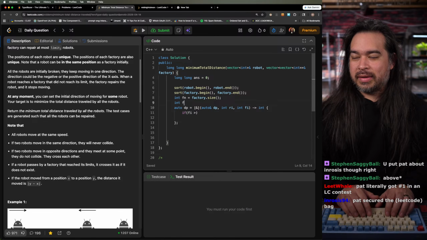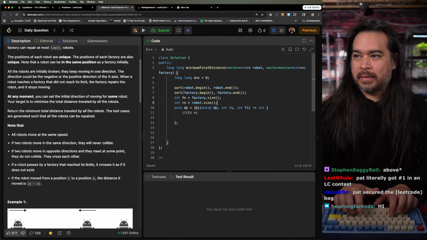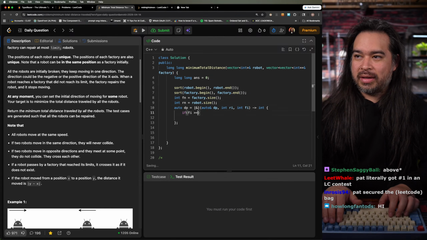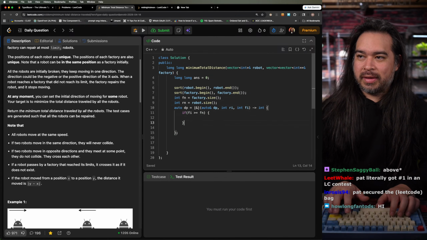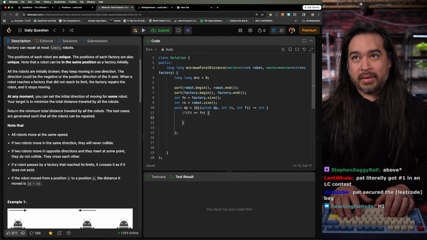Factory size, and this is robot size. All right, so if factory I goes out of bounds, then I don't know what yet. Either we skip too much or something, or we're good.